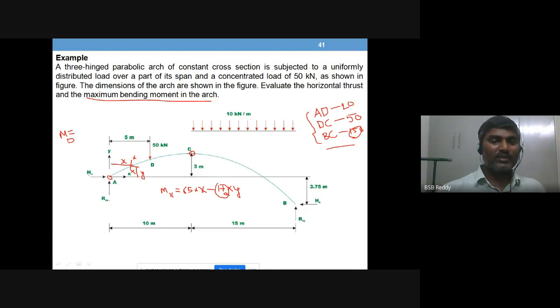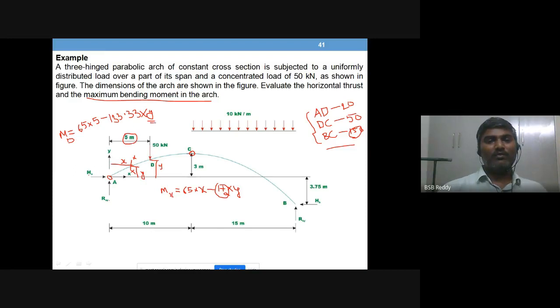You are taking moments at D. So RAY, that means 65, into distance 5, again clockwise positive, minus HA, that means 133.33, into the distance of HA from point D, which is Y. That Y you have to calculate from the equation by substituting x equal to 5.